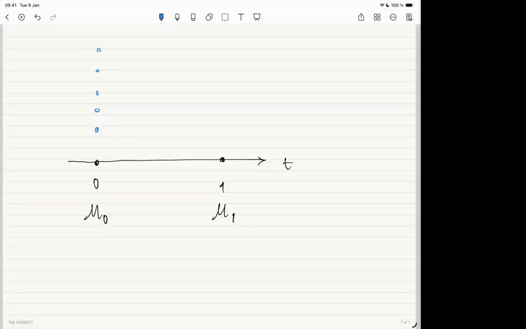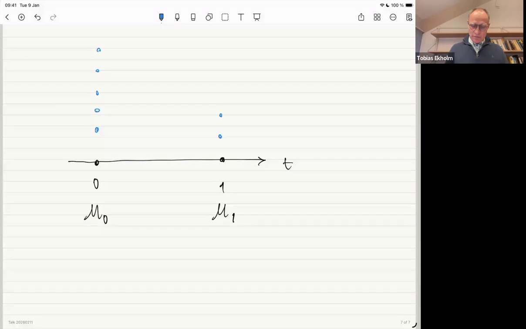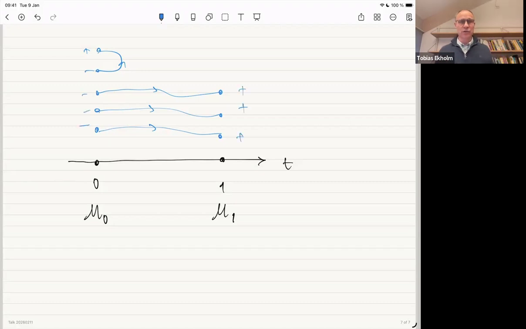Then over at M1 we have some other points, and if we look at the family of solutions, one would expect that they form an oriented one-manifold. If they really do, then of course the count over 0 will be the same as the count over 1, because we have this oriented cobordism connecting them.